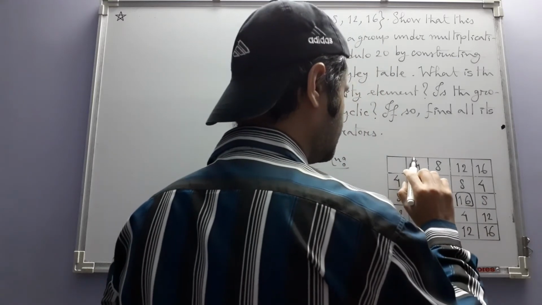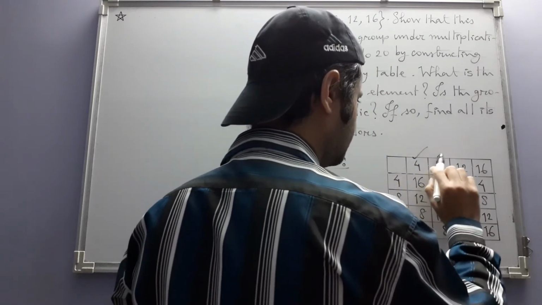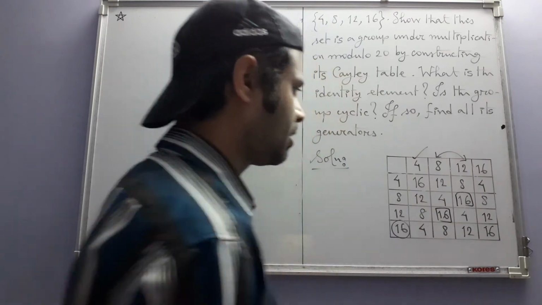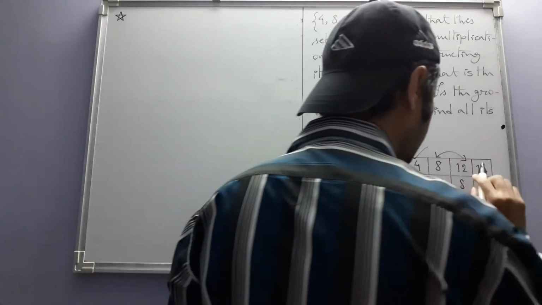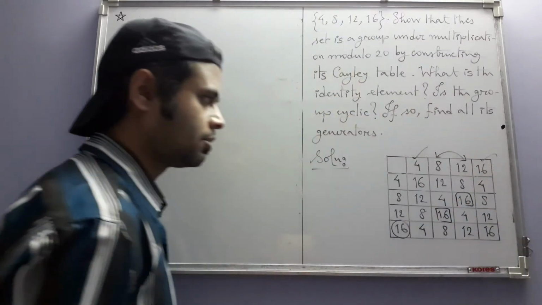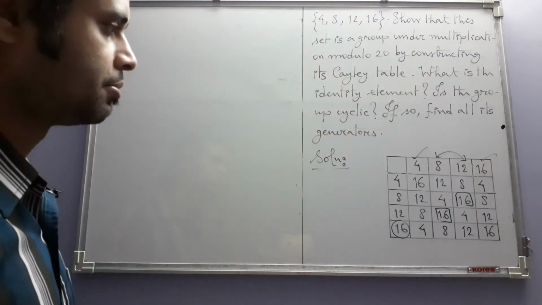So this is the inverse of itself. These two are pairs of element and its inverse, and 16 of course is its own inverse, because 16 is the identity element.